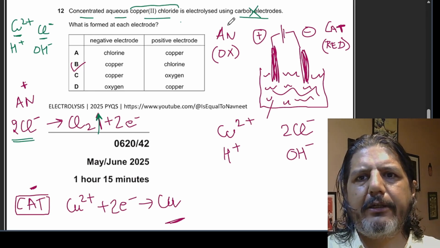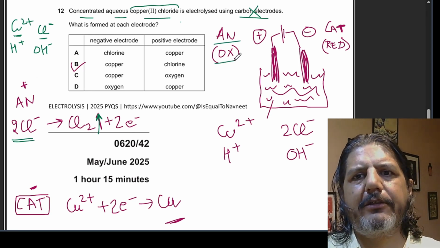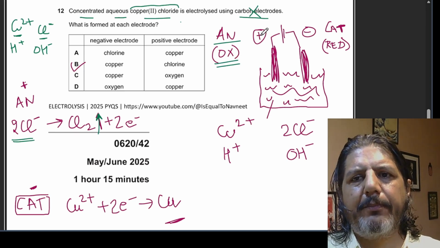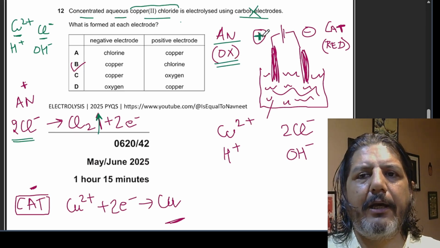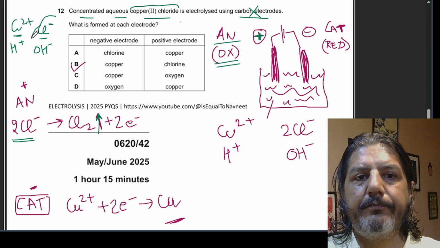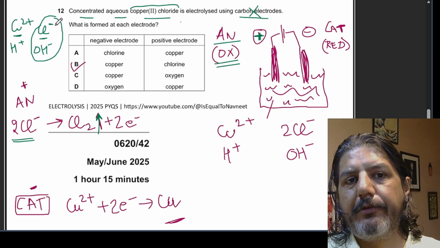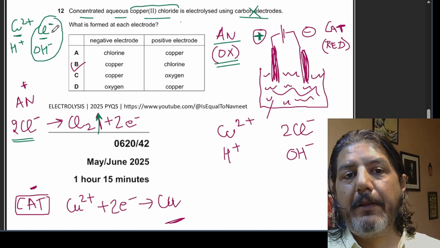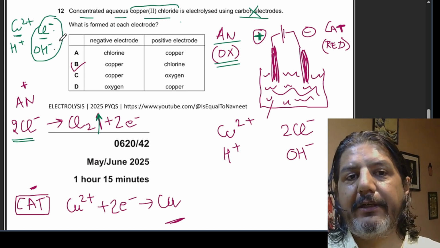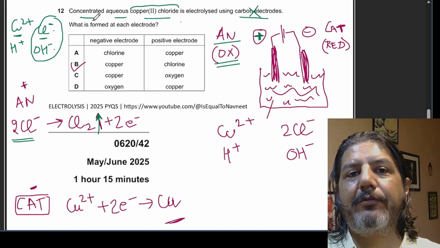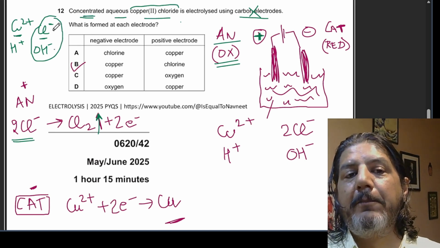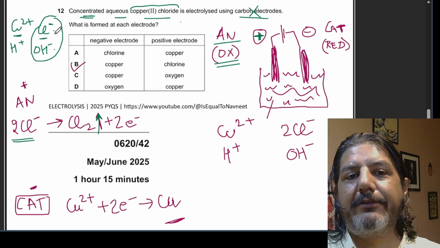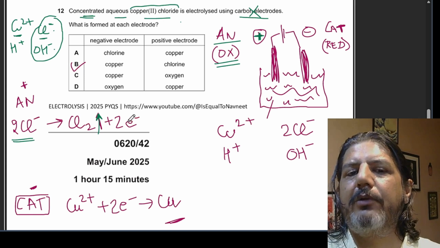Now let's look at the anode side. At the anode, oxidation will be taking place. It's a positive electrode, so these two anions will be rushing towards the positive electrode. Now between Cl negative and OH negative, because the concentration of Cl negative is more, it's a concentrated solution, Cl negative will get discharged, and the reaction you will have is 2Cl negative gives Cl2 plus 2 electrons.